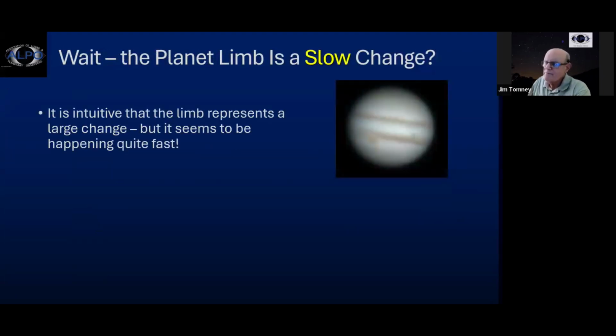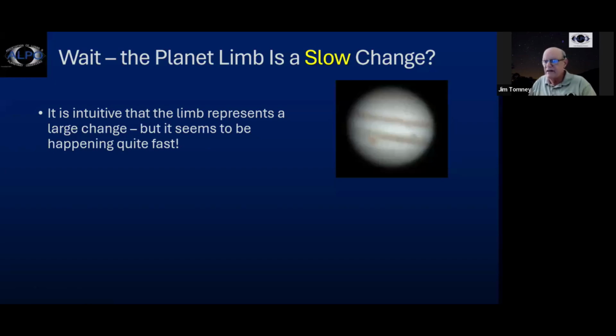So when I first came across that, I was like, well, how is that? To me, just with my gut, the limb here, well, gee, that looks like a very strong change, but it looks like it happens quickly. So intuitively, it seems to me to be happening fast.